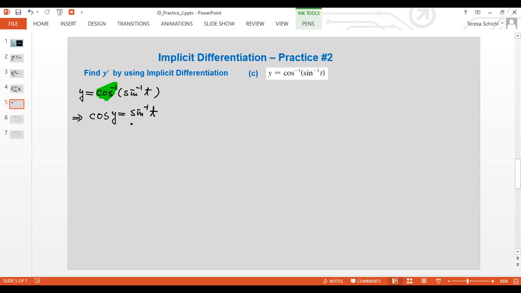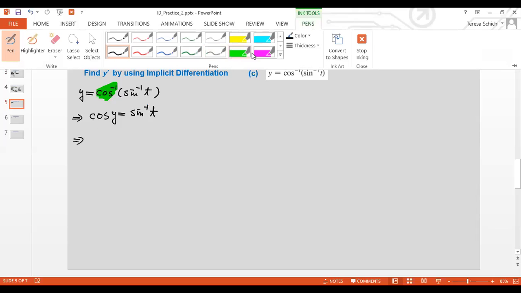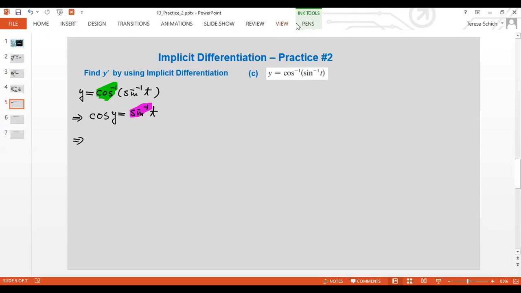And now in here, this is another inverse, right? So for the arcsine, I can say this will be the sine of cosine y, and what is here? It is t here.